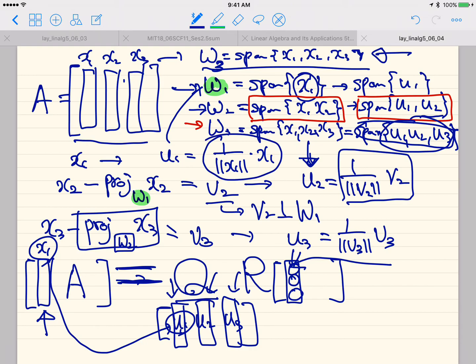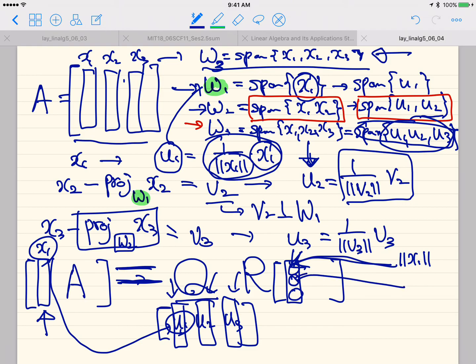And if we think about x1, x1 will become u1 times the norm of x1, right? So this first element is the norm of x1.